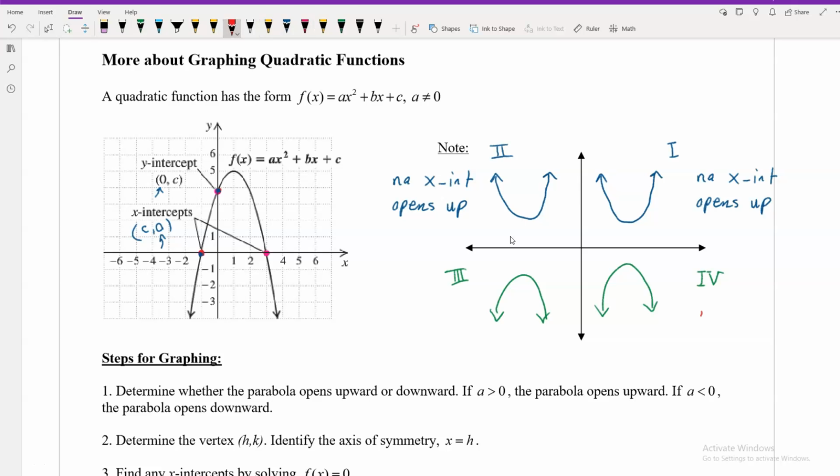So here, no x-intercept, but our graph is downward. Same thing for this part: no x-intercept and the graph is downward.